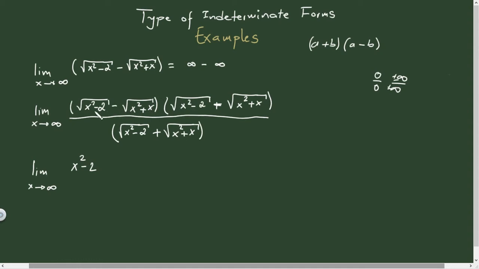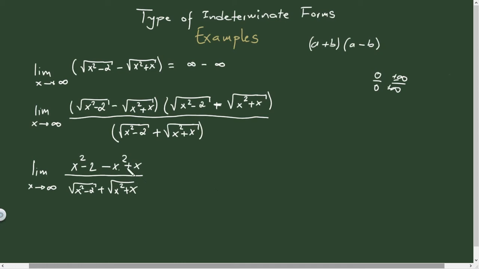So these both cancel out, and the remaining term will be minus x to the power 2 plus x, and the whole thing divided by the square root of x to the power 2 minus 2 plus the square root of x to the power 2 plus x.